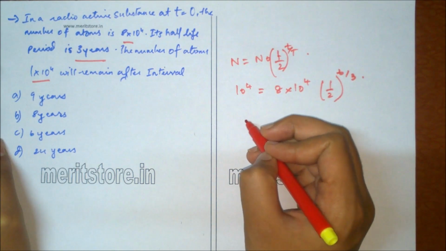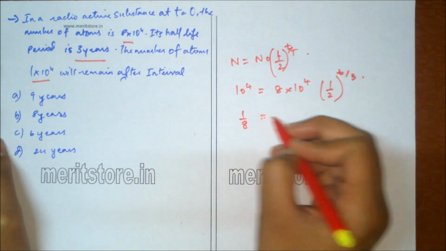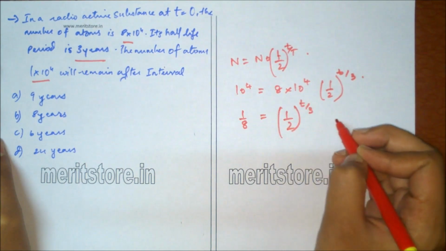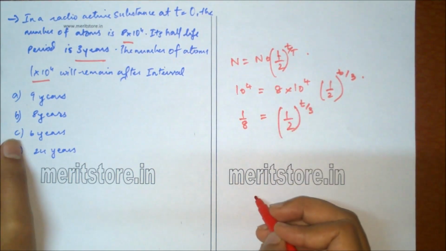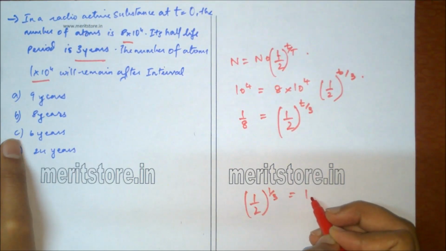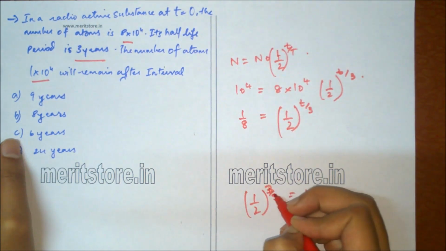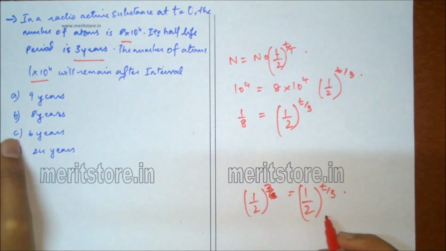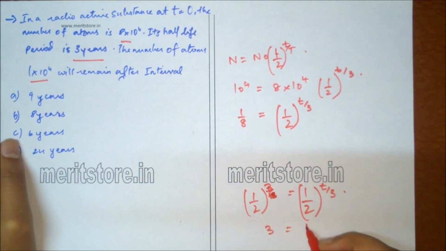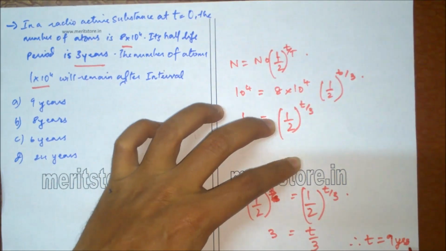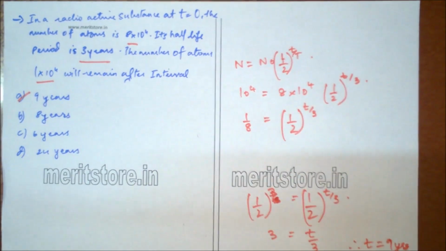Or we can write further this as 1 by 8, which is equal to half raised to small t by 3. We can write 1 by 8 as 1 by 2 raised to 3, and half raised to t by 3. So comparing, we can write 3 is equal to t by 3. Therefore, time is equal to 9 years. So option A is the correct answer.